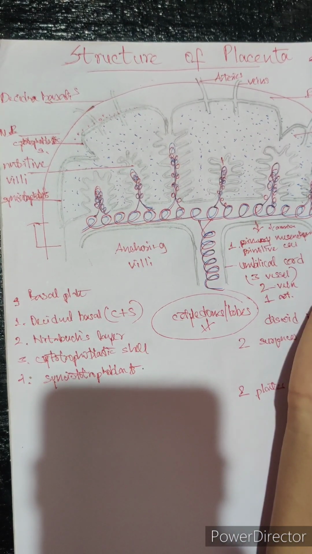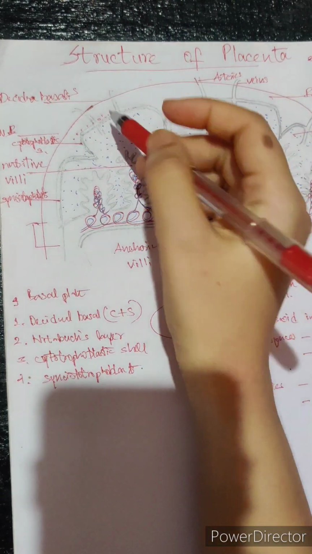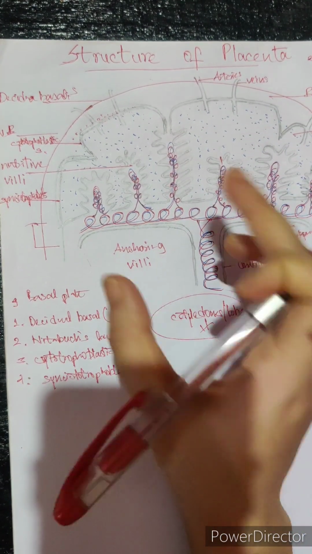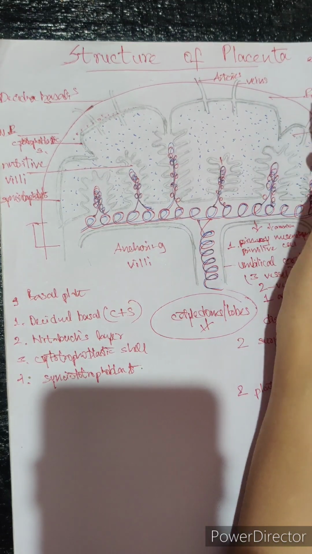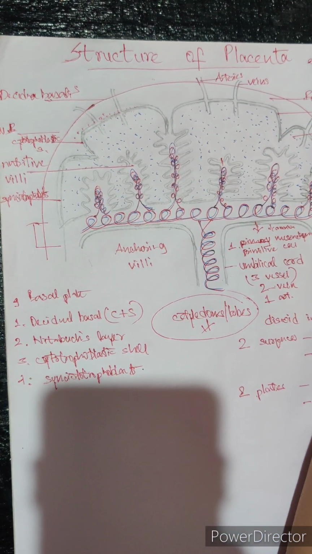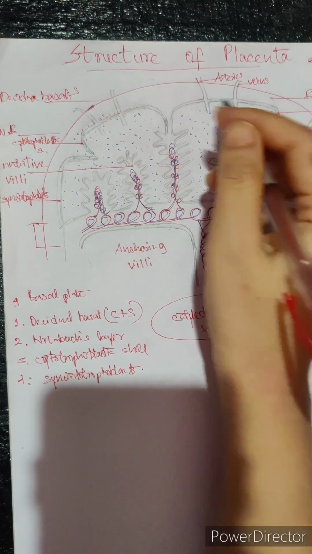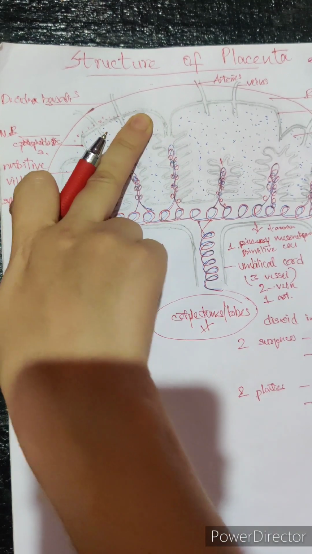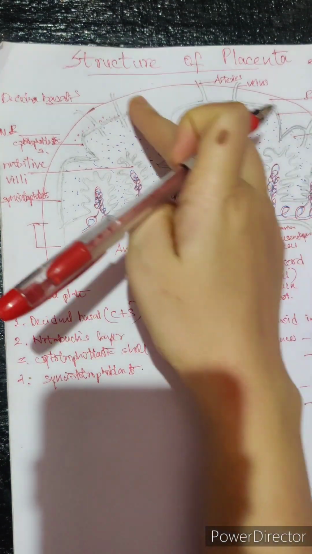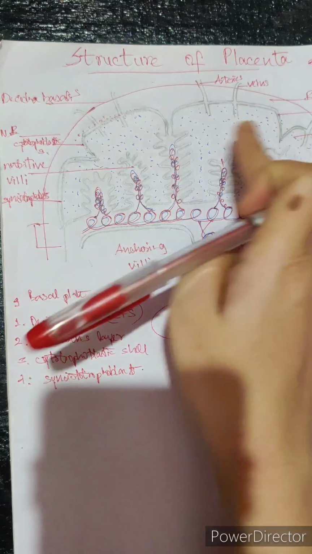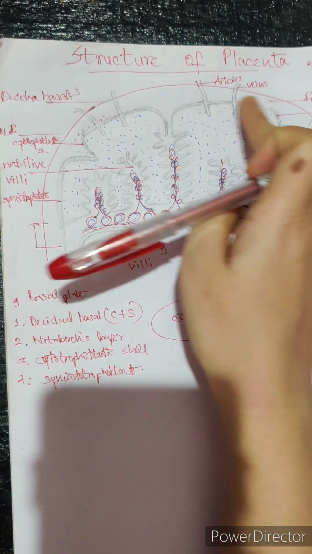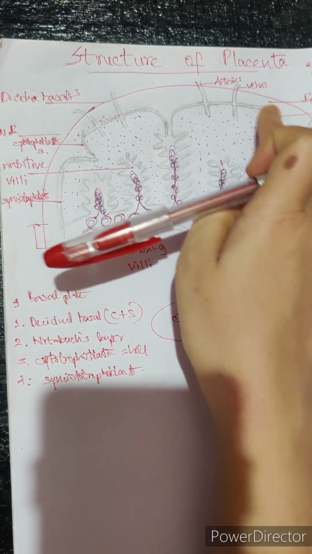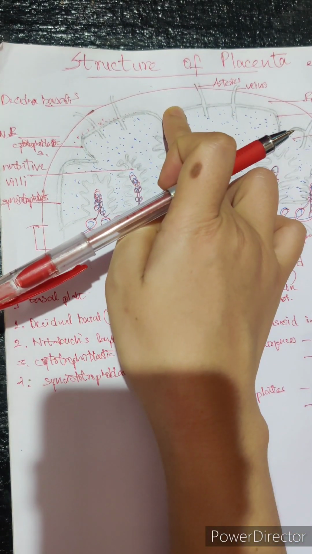So you can see inside a cotyledon, these structures are known as decidual septa. From this structure to this is known as a cotyledon. These are the functional units of the placenta, your cotyledons or your lobes.